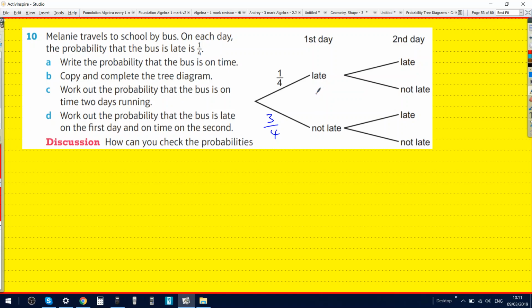I think you're thinking of conditional probability. The probability doesn't change for the bus. Oh, so would the second day be 1/4 and 3/4 again? Yeah.